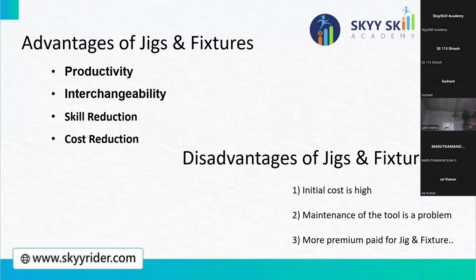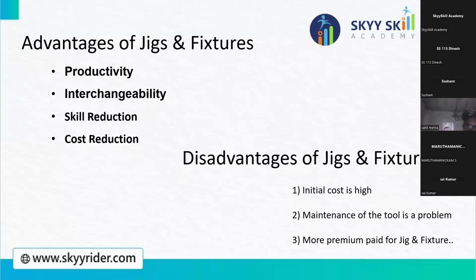In the skill reduction point, obviously whenever you are using a production tool, no highly skilled operator is required, so you can go with semi-skilled or unskilled workmen. And the cost reduction part: if you are increasing the production rate, you can reduce wastages and labor cost.